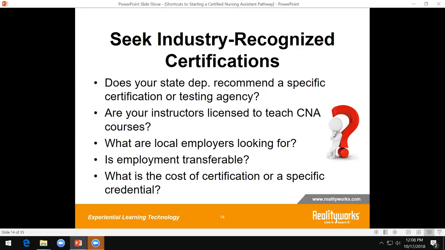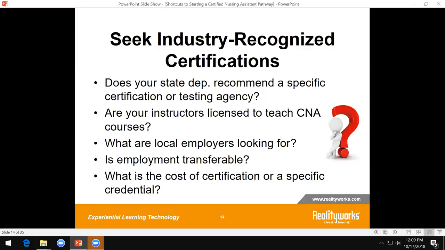Now, all states do regulate nurse aides who work in nursing homes. This is also mandated at the national level. All states maintain some sort of registry. They also set standards for training and competency evaluation. Now, some set the training requirements at minimum 75 hours, some set it higher at 120, some even higher.